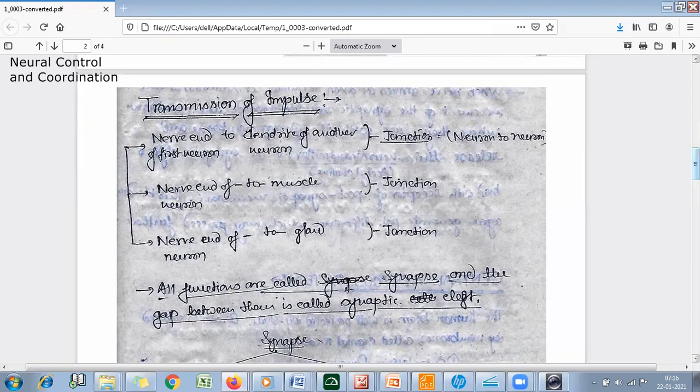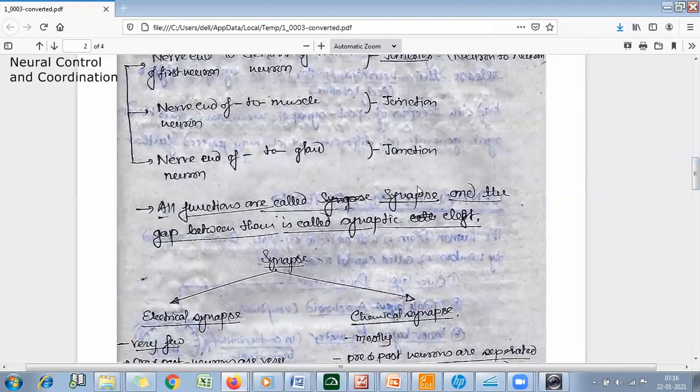So what happens? The nervous impulse moves along the axon. At the terminal point, the message or the stimulus or nerve impulse will be transferred to another neuron or muscle or gland. So here there could be three situations.